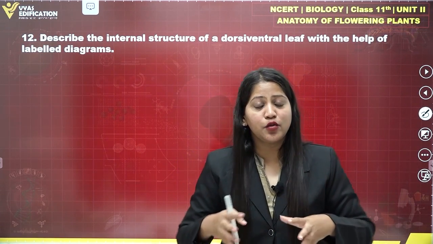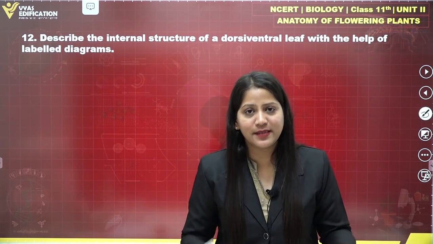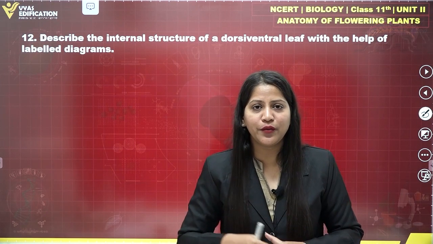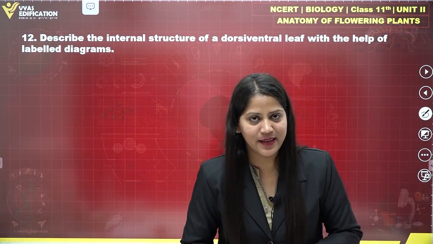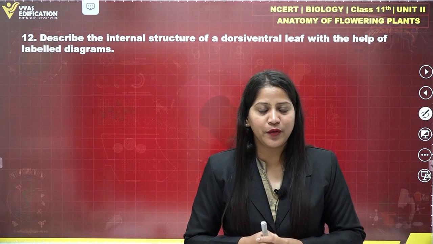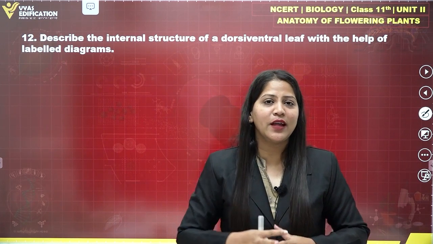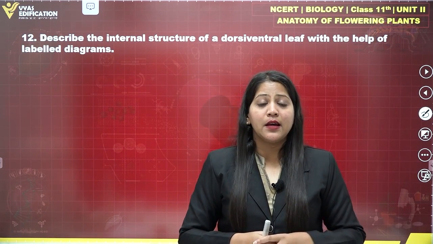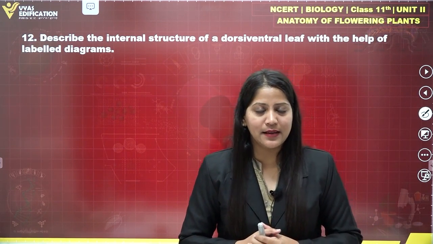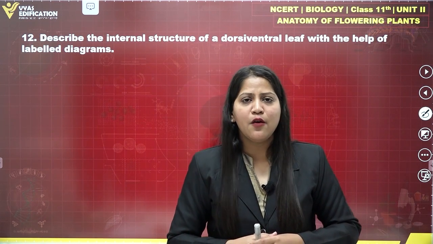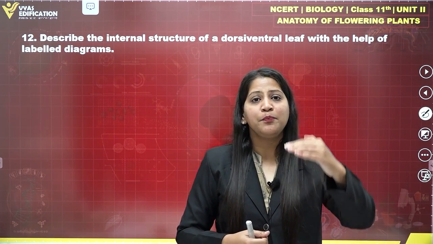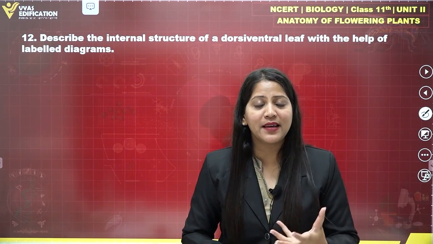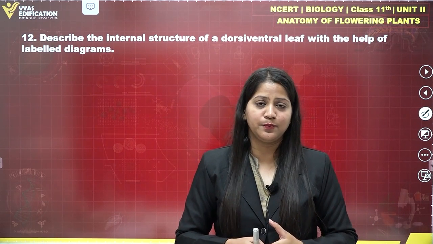These dorsiventral leaves have mesophyll cells of two types, that is palisade mesophyll and spongy mesophyll cells. The palisade mesophyll layer is present below the adaxial epidermis, and the spongy mesophyll cells are present below the palisade mesophyll cells and above the abaxial epidermis layer.